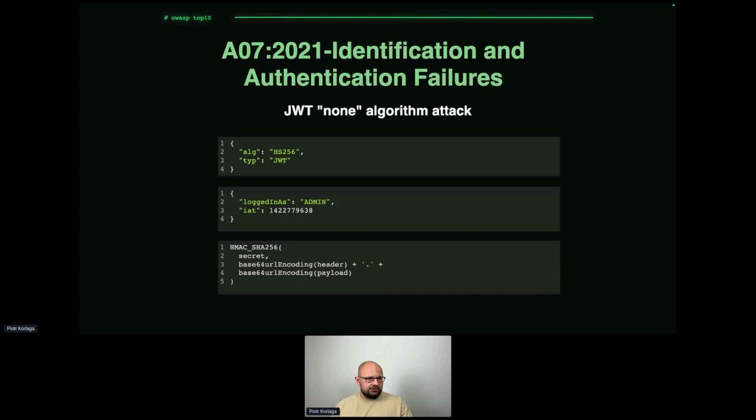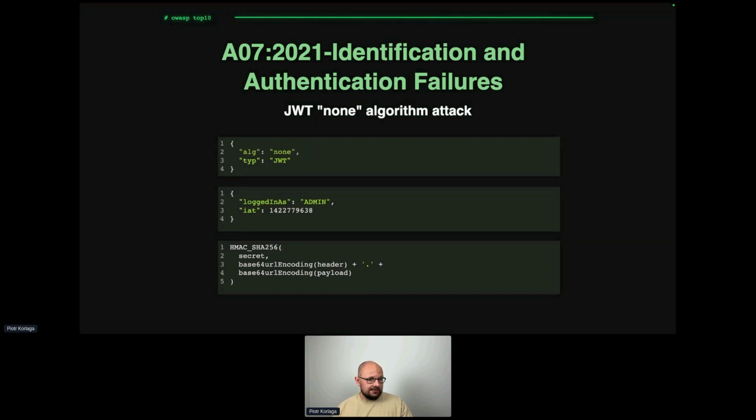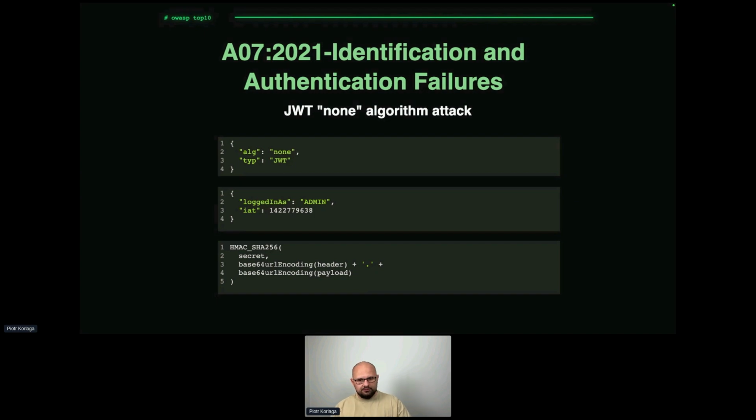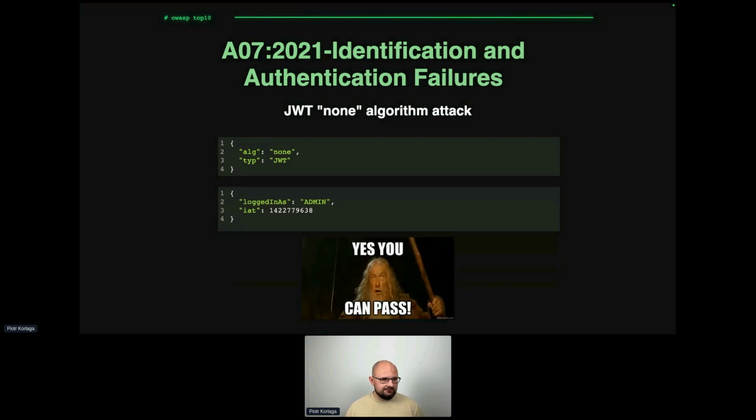But what if we change the algorithm from HS256 to the none algorithm? Believe me or not, it was a common problem, because developers basically didn't check the algorithm, and if the algorithm didn't match what they expected, they just let the attacker pass.